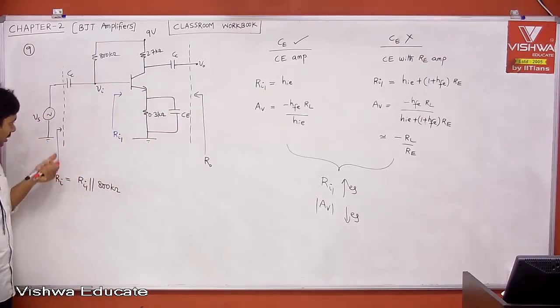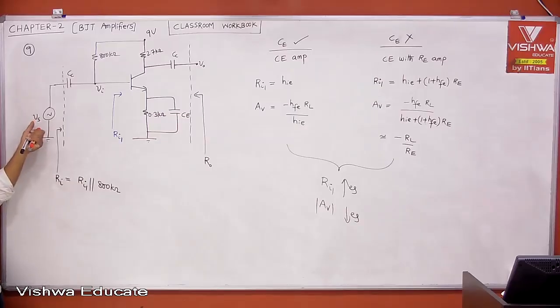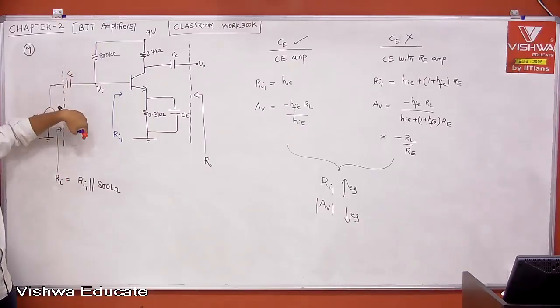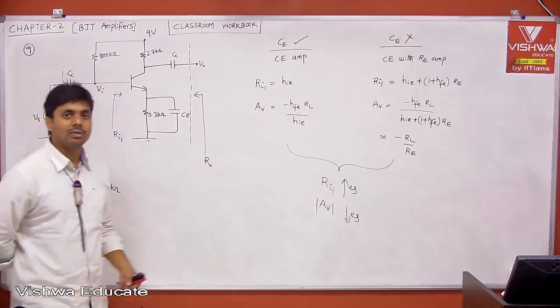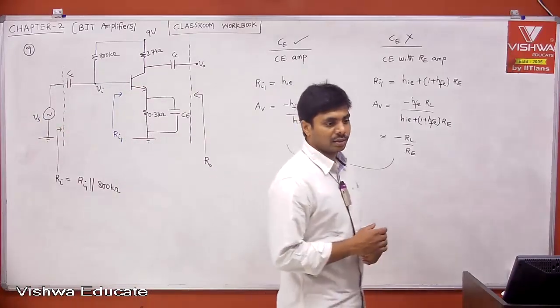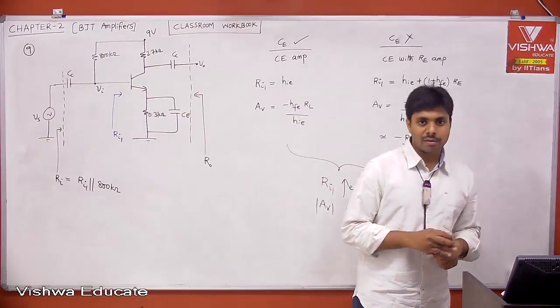But Ri here is the input impedance with respect to the source. Then we have to take 800K in parallel to Ri1. That is our input impedance. Okay, that's fine.